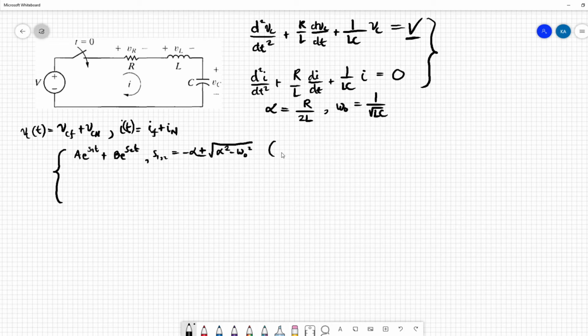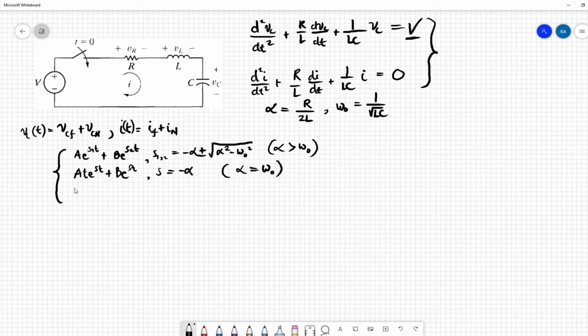So this is for the overdamped case where alpha is greater than omega naught. In that case, we have A t e to the S t plus B e to the S t, where S is just equivalent to negative alpha. So for this case, our circuit is critically damped. Alpha is equivalent to omega naught.